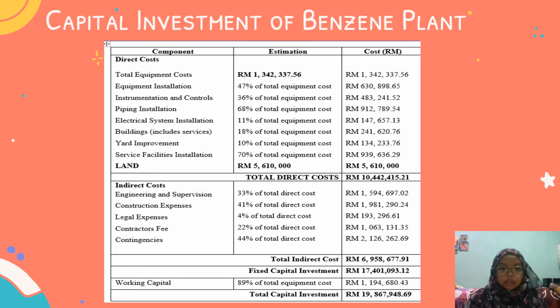And the last one is the land estimation cost, which is 5,610,000, and the total of the direct cost we got 10,442,415.21 cents.